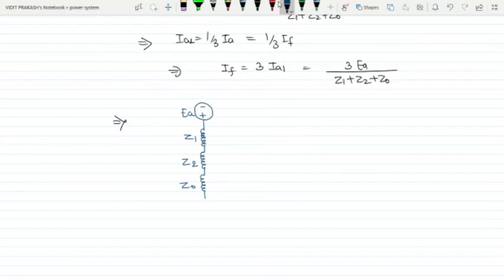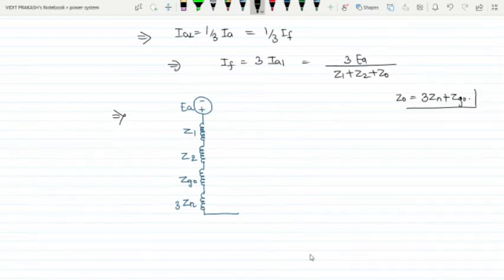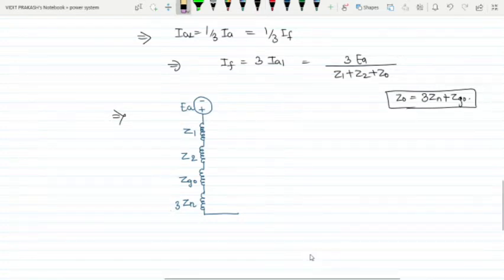Okay, Z0 we can write as ZG0 plus 3Zn, because see what is Z0, that is equal to 3Zn plus ZG0. So this will be 3Zn plus Z0.